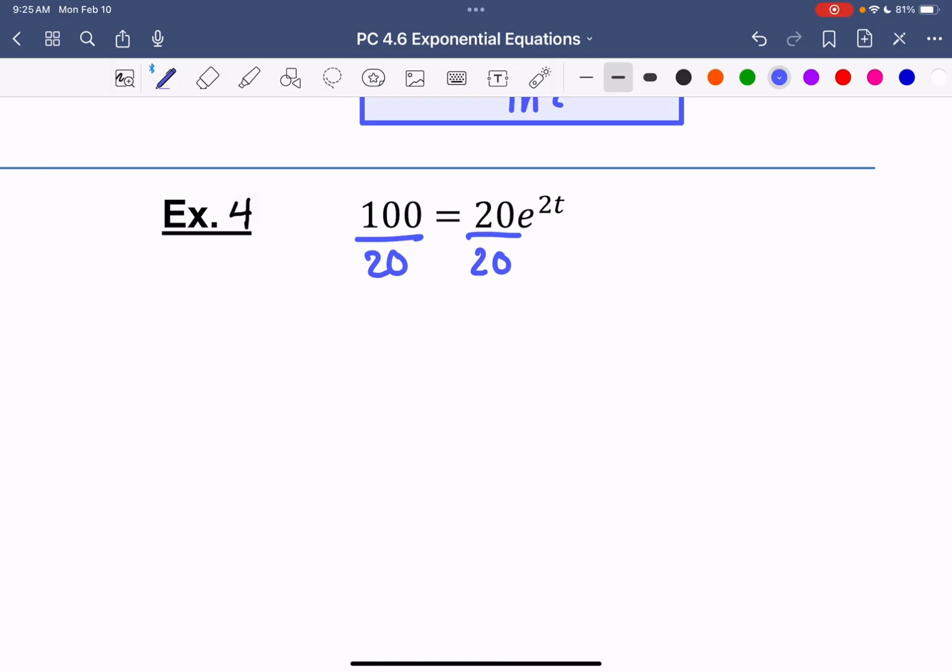Okay. And we'll rewrite this as 5 equals e to the 2t, in which now we can ln both sides, allowing me to, again, bring that exponent down in front.